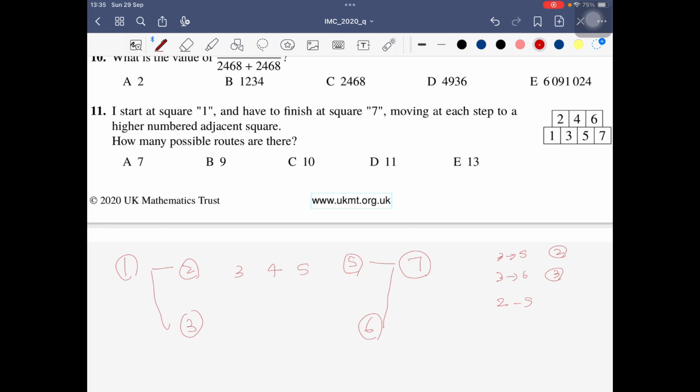So if we make 2 steps, 2, 3, 5 or 2, 4, 5. And if we make 3 steps, 2, 3, 4, 5. So 3 different ways. 2 to 6, we have 3, 4, 5.